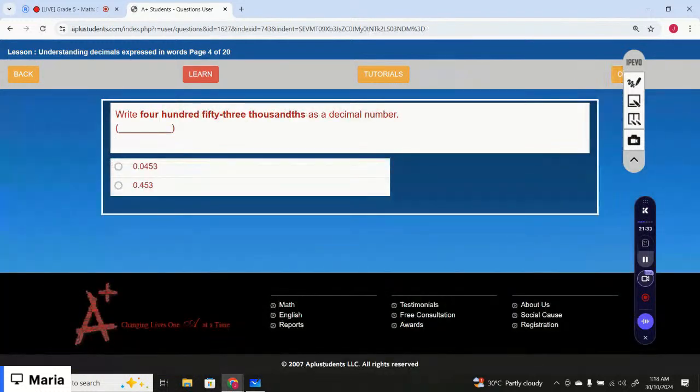Write 453 thousandths as a decimal number. Which is the correct option?